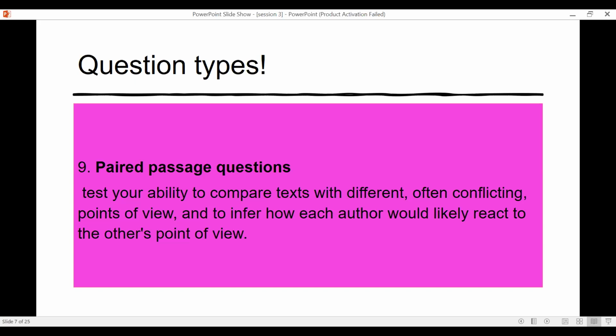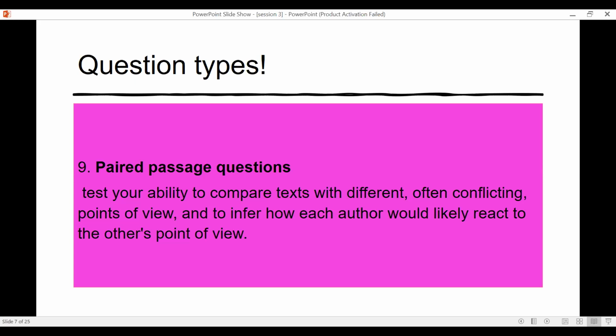But at the end of the paired passage questions, you will find certain specific questions that will not appear anywhere else except for the paired passages.